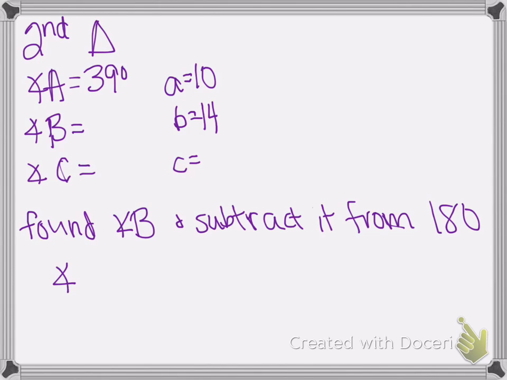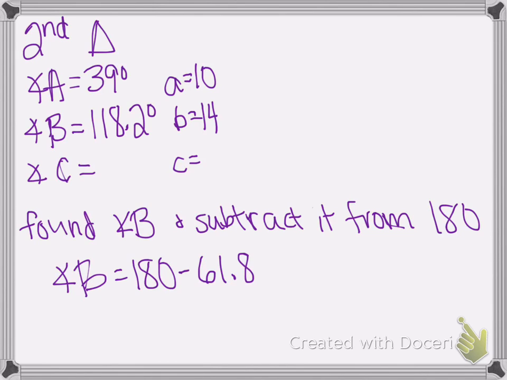So I take 180 minus my 61.8, so this angle B is going to be 118.2 degrees. That means angle C is going to be 22.8 degrees.